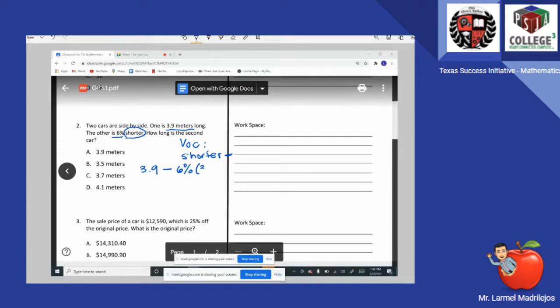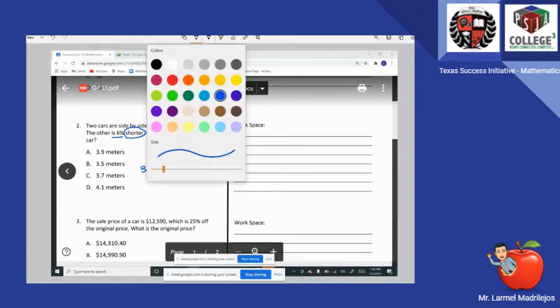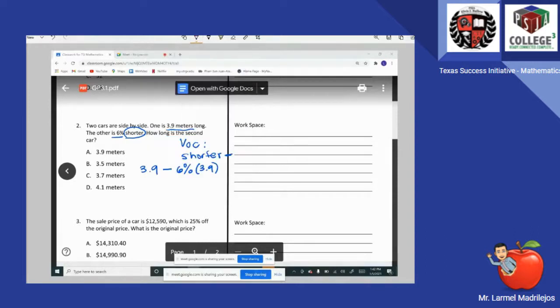6% of 3.9. Let's change that. This number here becomes 0.06, and that's 3.9. If I multiply that number, it gives me 0.234.